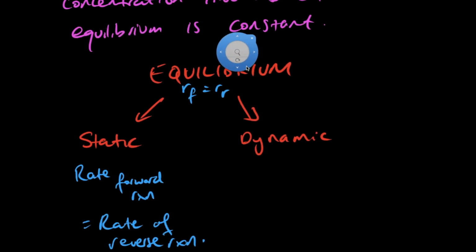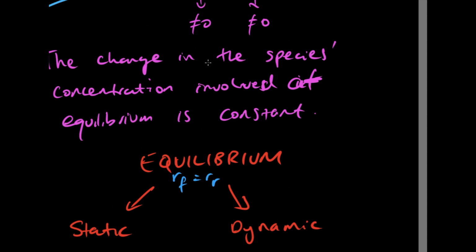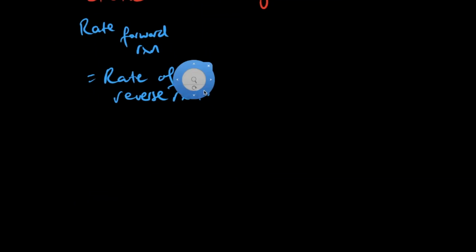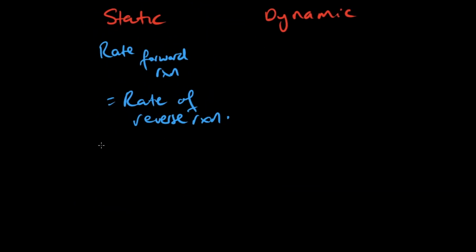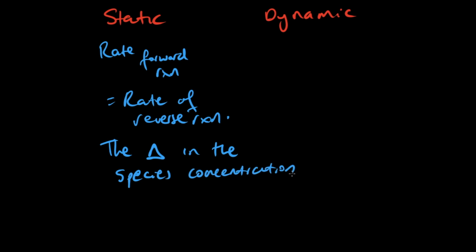And the same thing, the change in the species concentration at equilibrium is constant. So for static, the change in the species concentration at equilibrium is constant for the same reason.